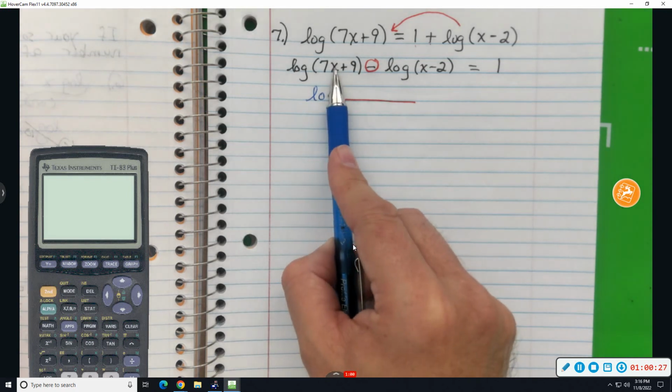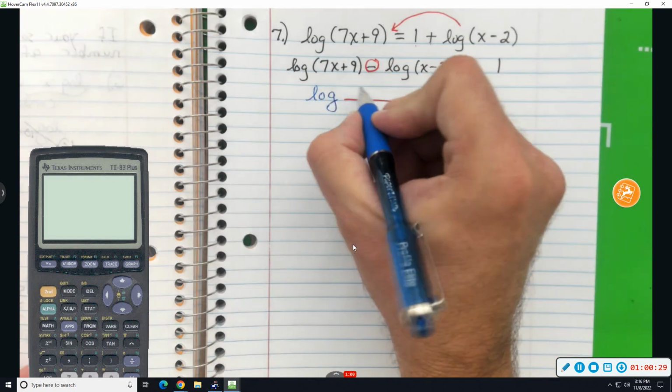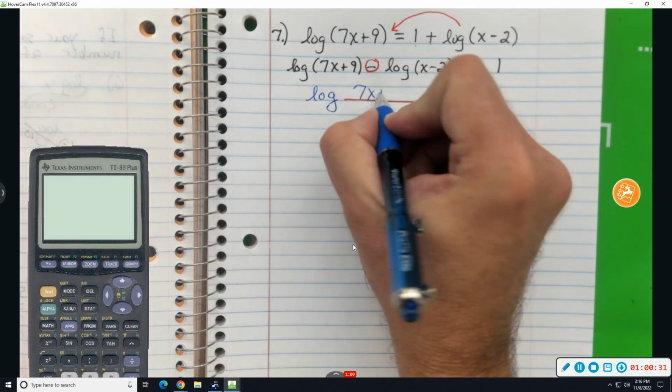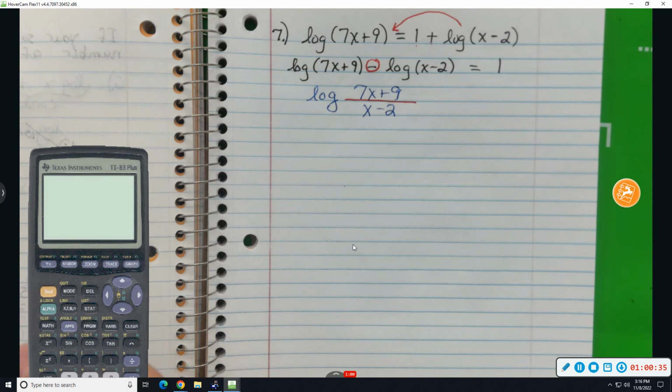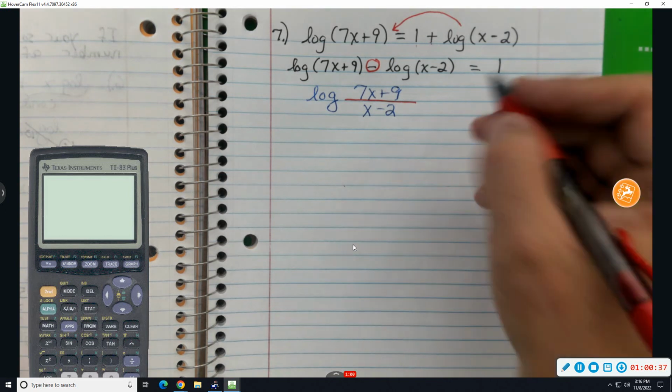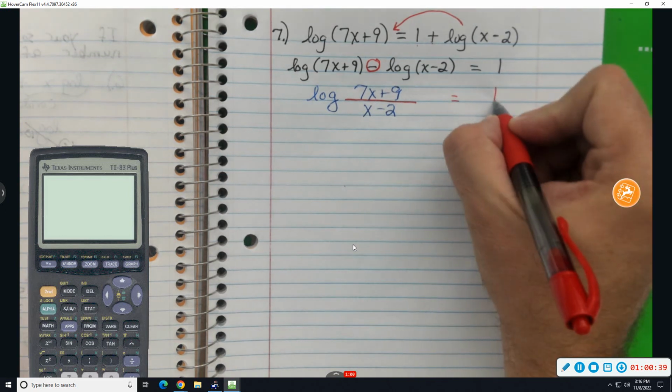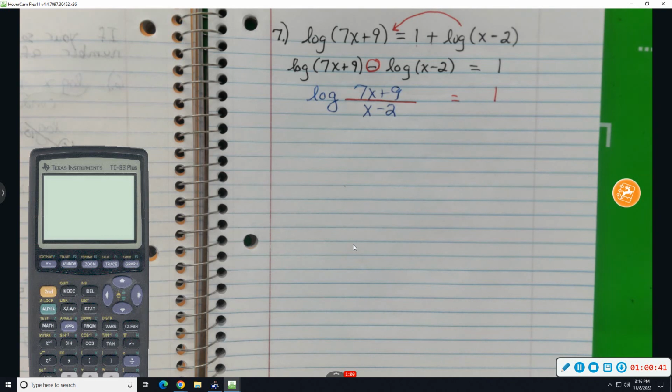The 7x plus 9 would go on top, the x minus 2 on the bottom. Do you remember condensing, the way we were writing them as just one logarithm the last time? So once we have it condensed, don't let the fact that there's a fraction there scare you. It's not going to be any more involved than the other one.